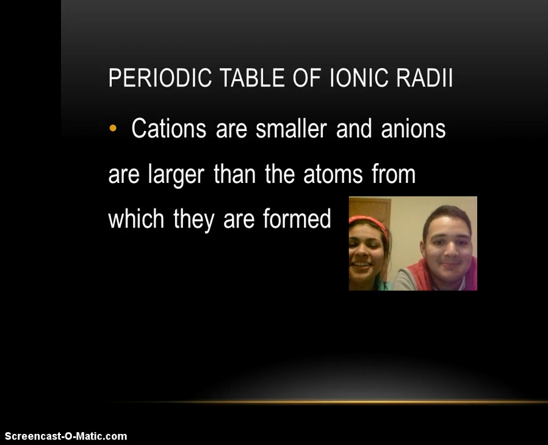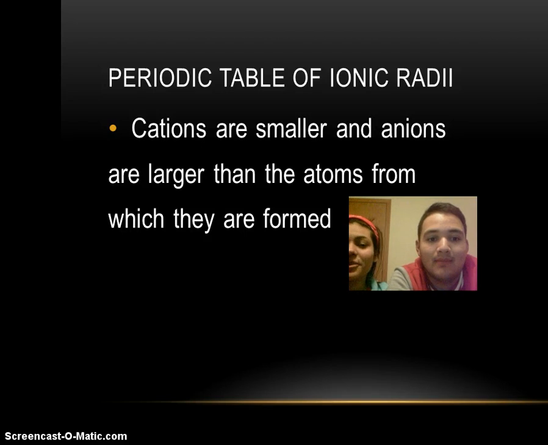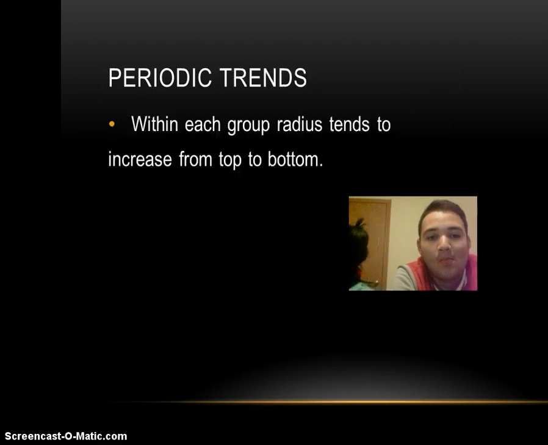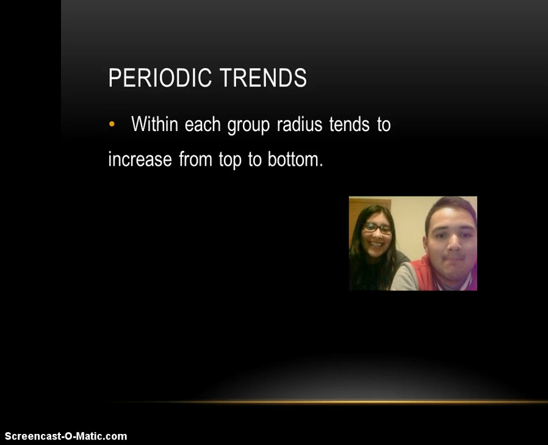Cations are smaller and anions are larger than the atoms from which they are formed. Within each group, radius tends to increase from top to bottom.